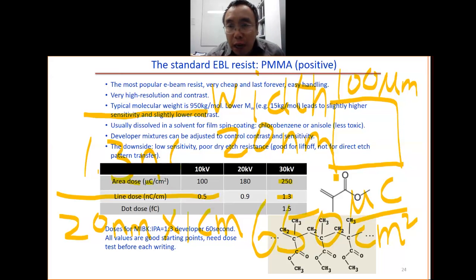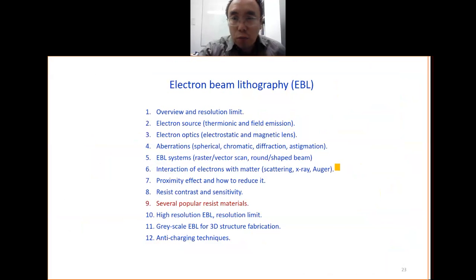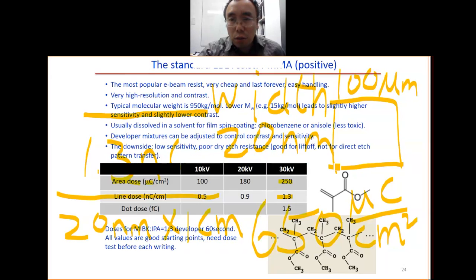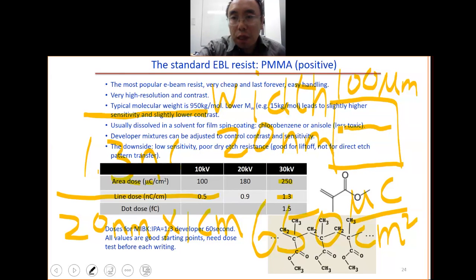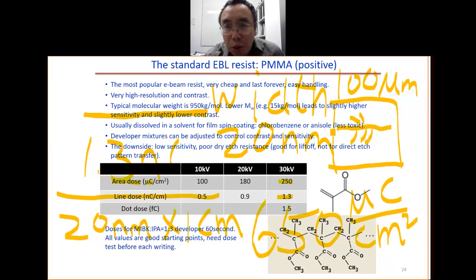So we expose a large area like this. For example, if we take a line inside, for this line you have exposure not only from the direct exposure, but also from all the patterns nearby. When you expose all the nearby patterns, they all contribute to the exposure of this line because of the proximity effect.